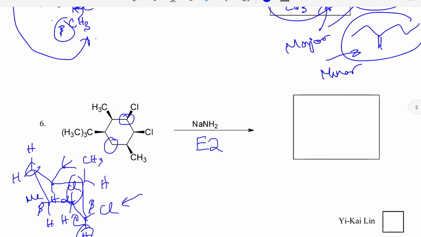It wouldn't be the most optimal case. However, if we were to eliminate this proton here and move the electrons down there to form a double bond, we see that such a situation would actually permit us to form a tertiary alkene. That is an alkene that has 3 carbon groups attached to it.